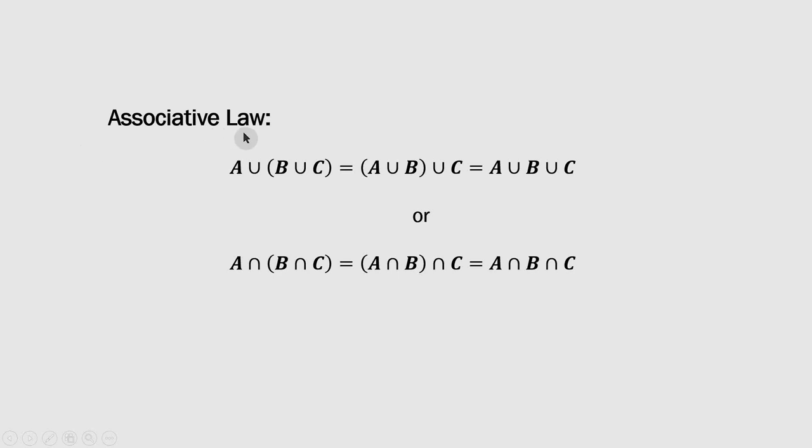Then the next one is associative law. Based on that, we can say A union (B union C) is equal to (A union B) union C, which is further equal to A union B union C. We can write the same identity by replacing unions with intersections and intersections with unions like this.